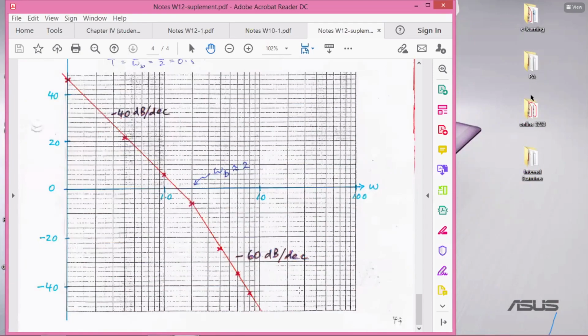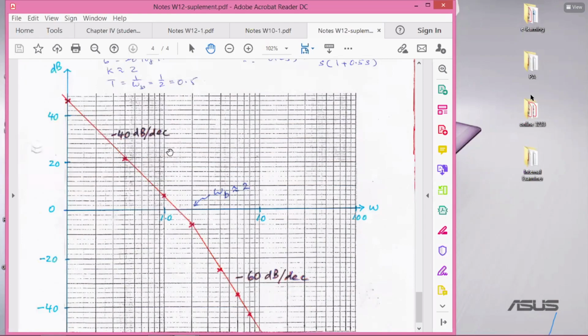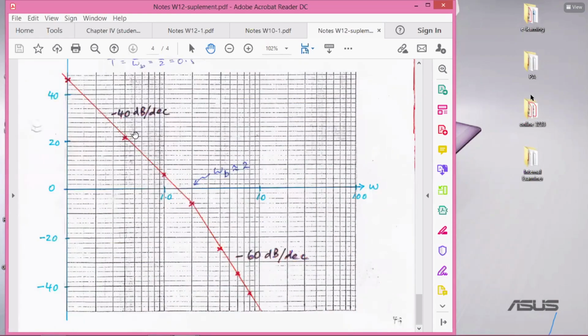Now you need to ask the question, what is the format of the transfer function that will give you this type of curve? Okay. So negative 40, you can get from 1 over s squared. So 1 over s squared will give negative 40 decibel per decade.